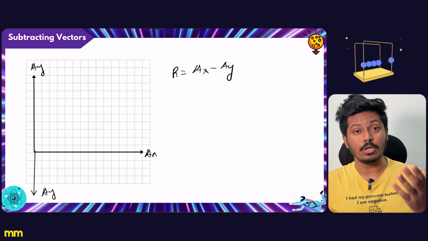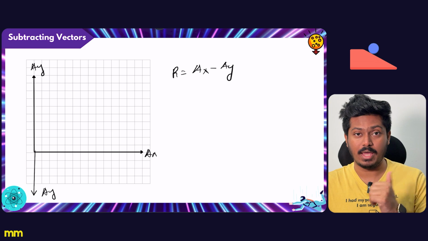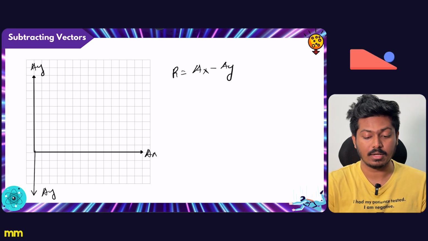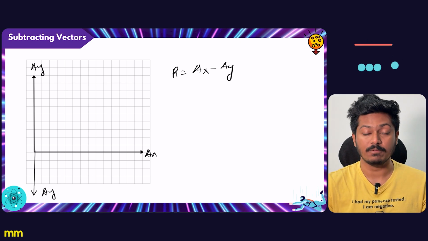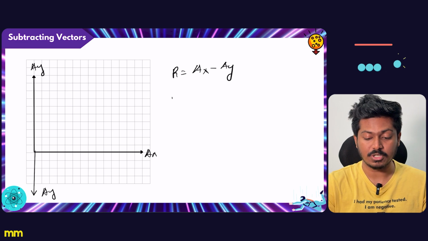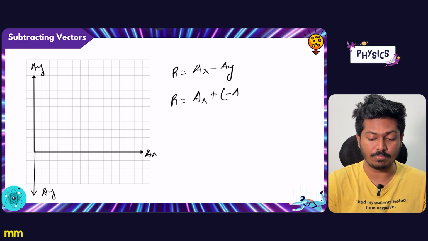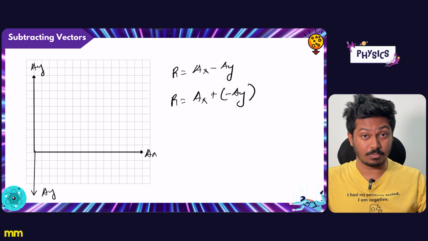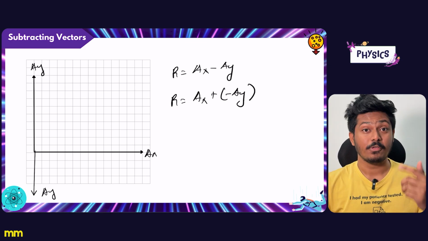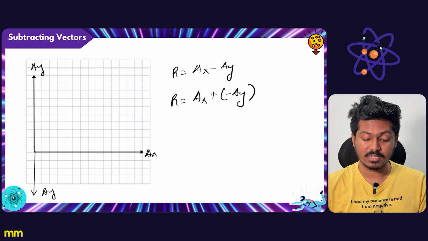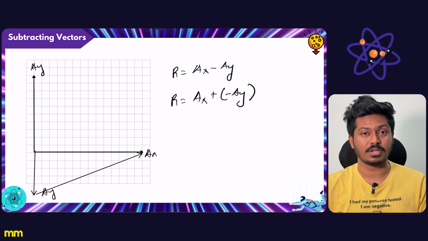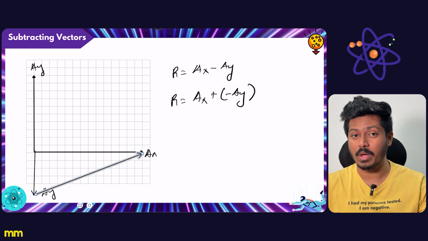So instead of trying to subtract ay from ax, what I can do is consider these two as vectors in different directions, and then I can just simply add vector ax and the negative of ay. It's the same as subtracting ay from ax. That would mean that the resultant vector is something in this direction, and I can use the same equations.